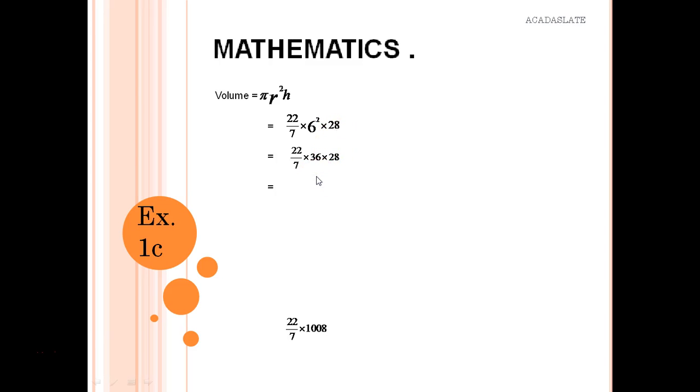Simplifying further, we have 22 over 7 times 6 squared, which is 36, times 28, which is 22 over 7 times 1008. And finally, the volume is 3168 centimeter cube.